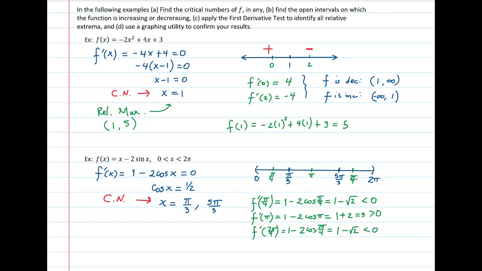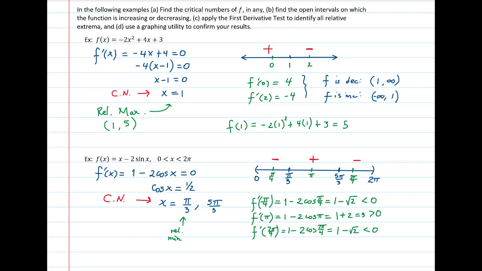So then this function from 0 to pi thirds is decreasing, negative sign there. And then on the next interval from pi thirds to 5 pi thirds, it's going to be increasing, and then it's going to decrease again from 5 pi thirds to 2 pi. Now we're going to apply our first derivative test to determine whether we have a relative max or a min.